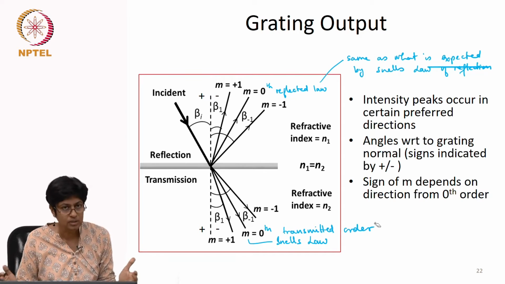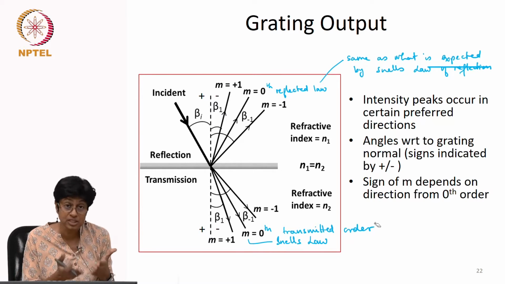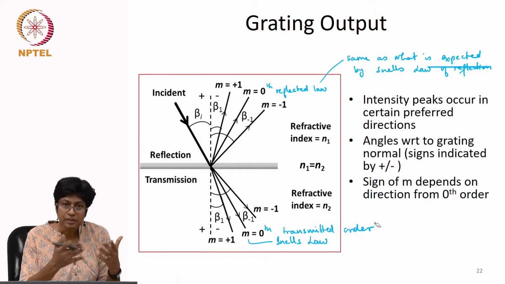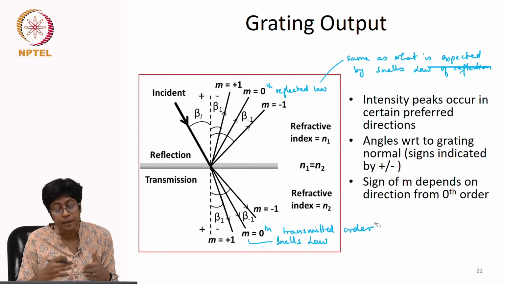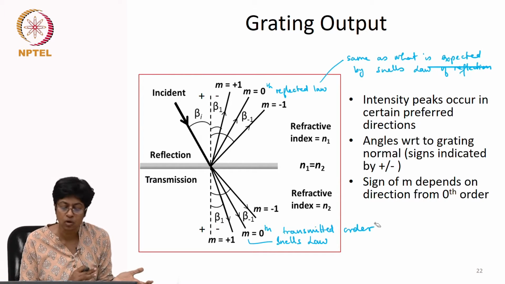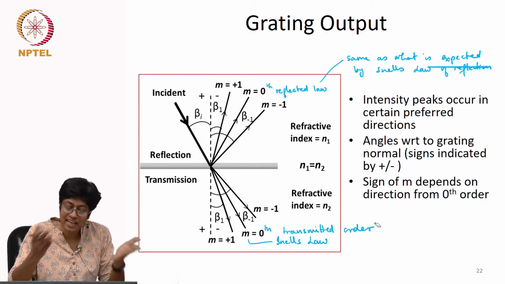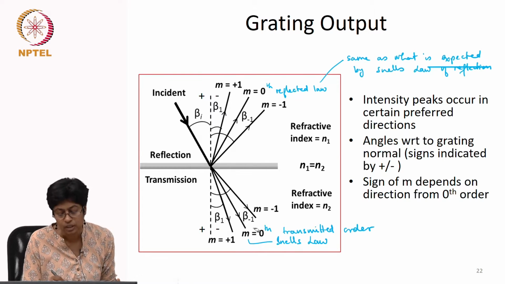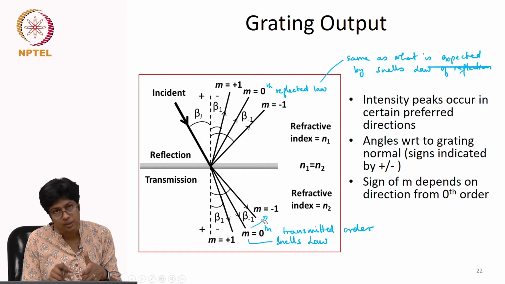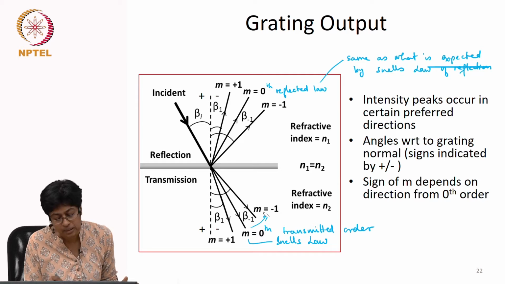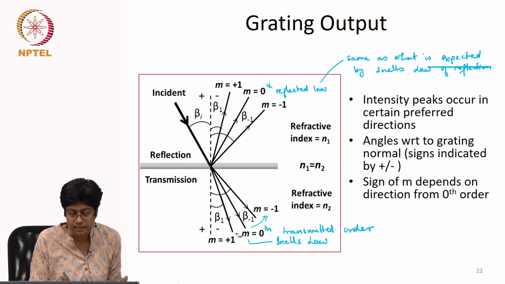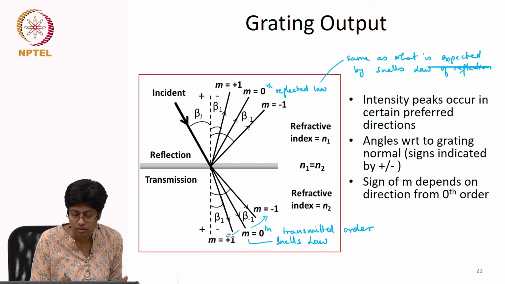The other orders are caused by constructive interference between the multiple beams generated by this grating, and we call them the -1 orders or the +1 orders depending on which side of the 0th order they are. So you can see all the orders that have to be rotated anti-clockwise to reach the grating normal are the -1 orders over here for transmitted, and these are the +1 orders over here.